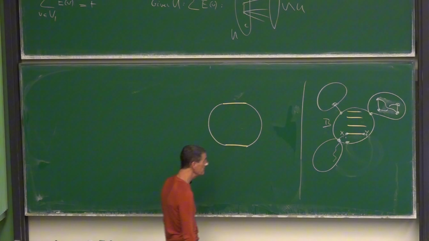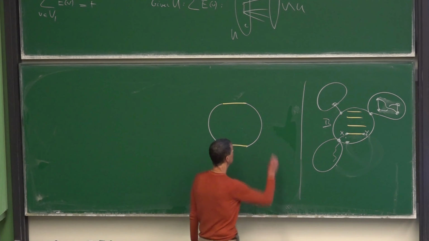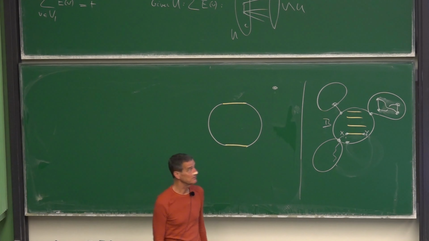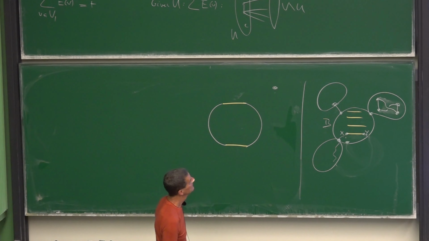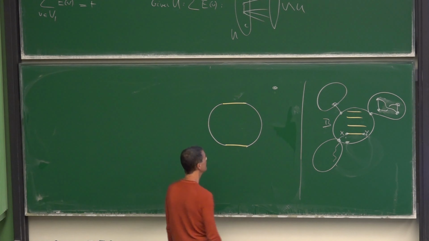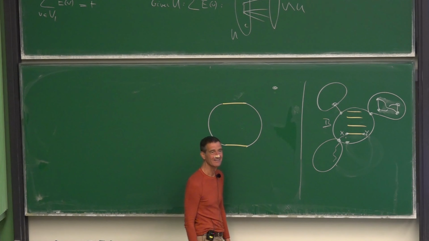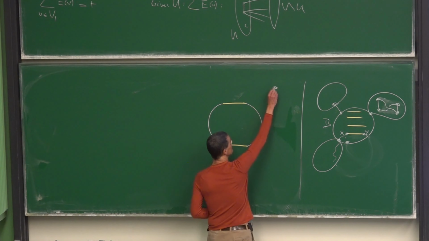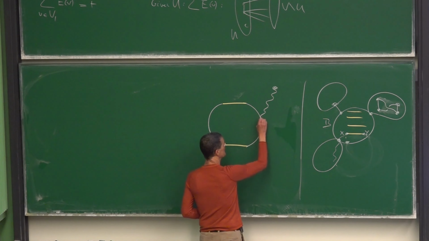Okay, but there are many more vertices in G. But never mind, just see what happens. Our graph is connected by assumption. Look at any other vertex, and then you travel through this cycle until you hit it.